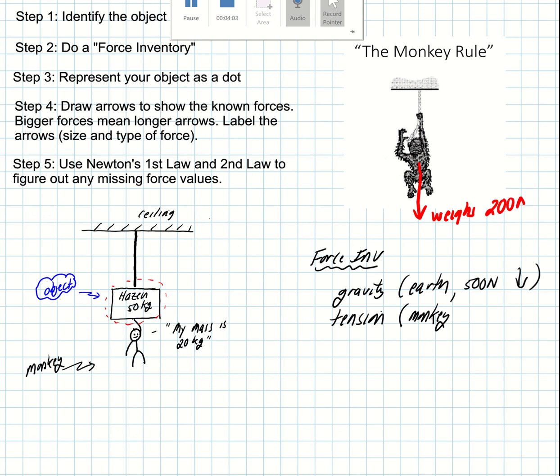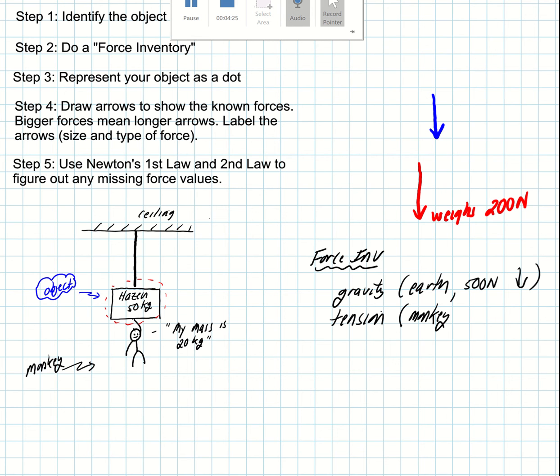So if the monkey weighs 200 newtons or around 30 pounds and it's not falling, it's going to pull down on whatever it's hanging from. So it's going to basically have a tension force. I'm going to erase that last thing there.